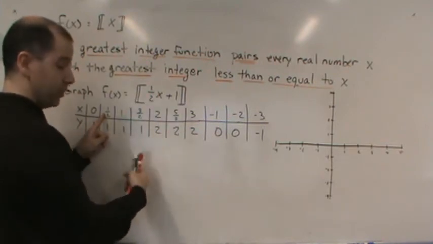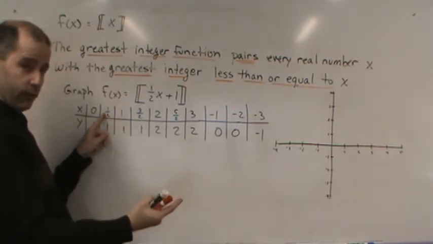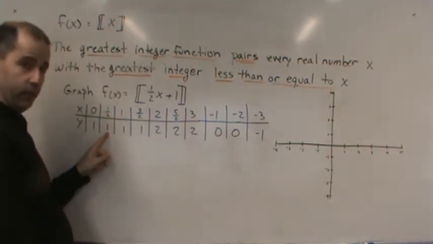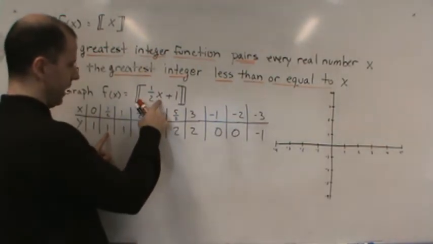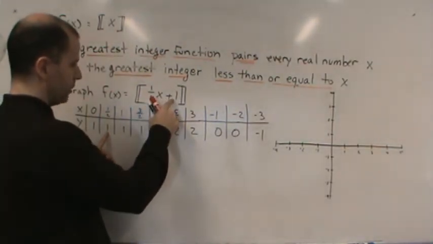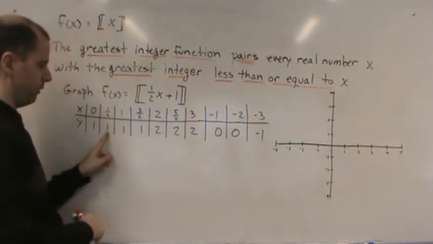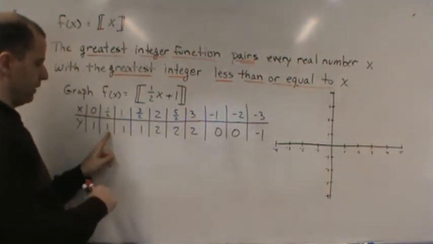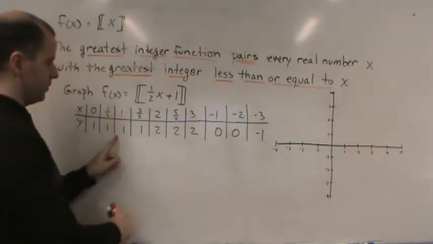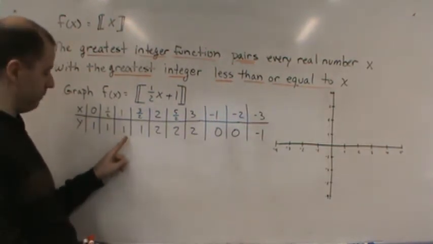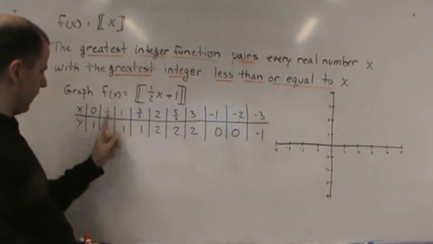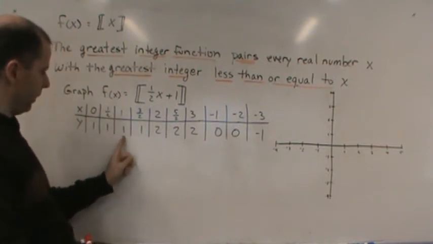The greatest integer of 1 and a fourth is 1. Now what if I put in 1? Well, 1 times a half is a half. A half plus 1 is 1 and a half, right? But the greatest integer that's less than or equal to 1 and a half is 1. So all of these values pair up with 1.